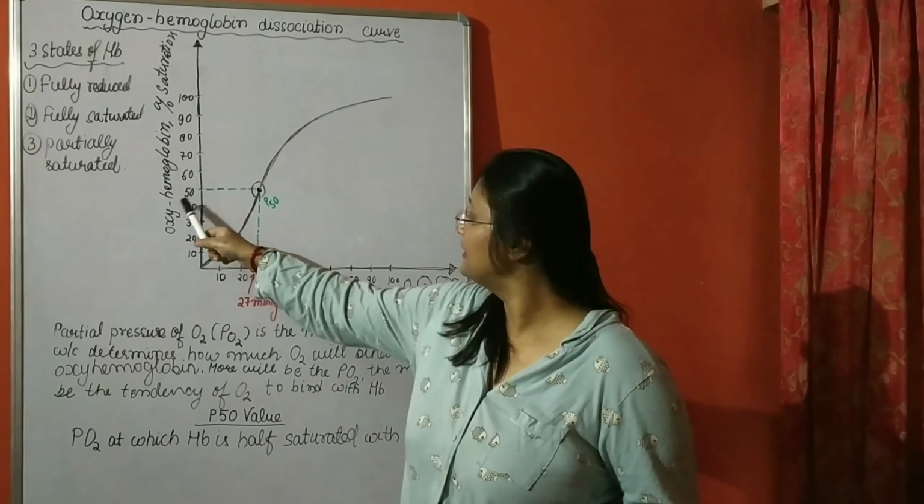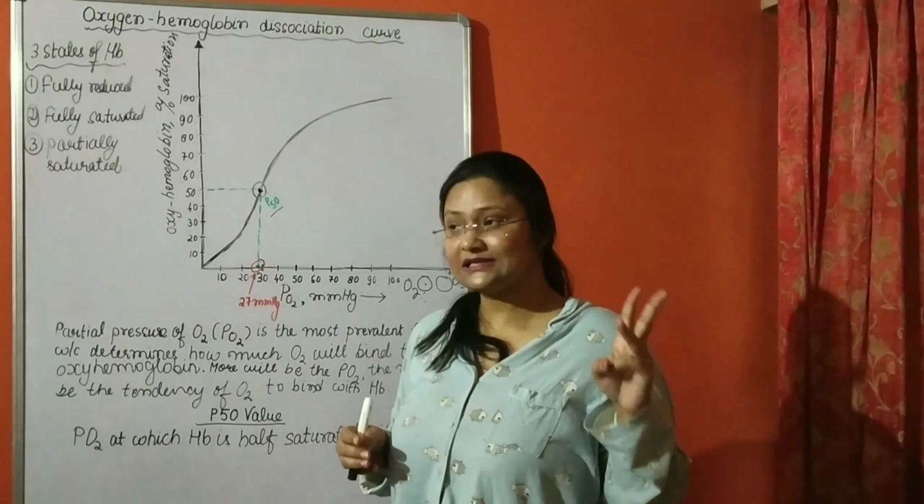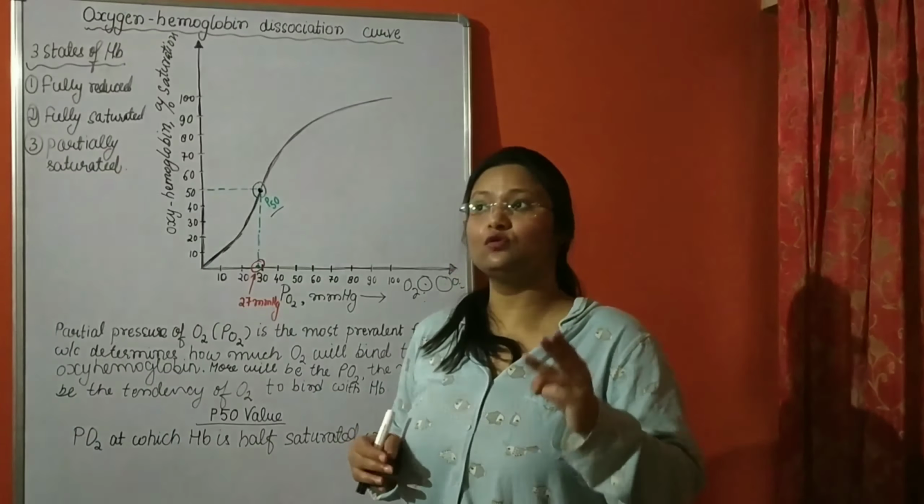Similarly, if 3 heme groups of hemoglobin are saturated with oxygen, that is, 3 O2 molecules are bound and 1 is not bound, it is 75% saturated, because 3 by 4 into 100 is 75%.